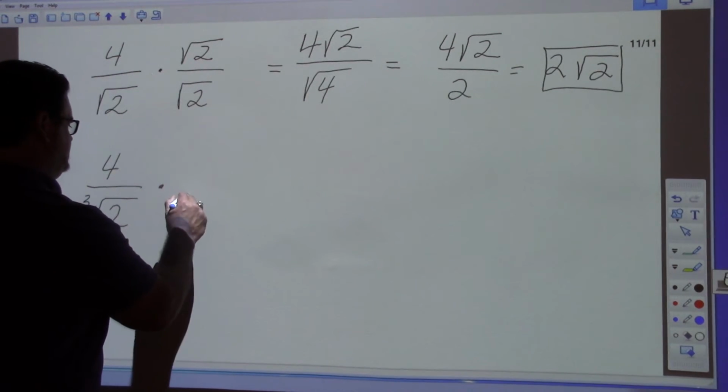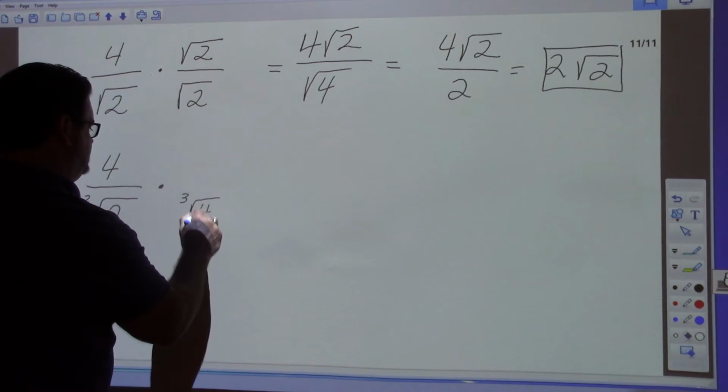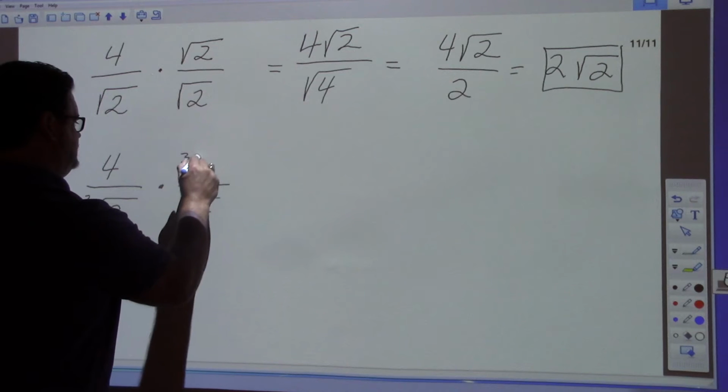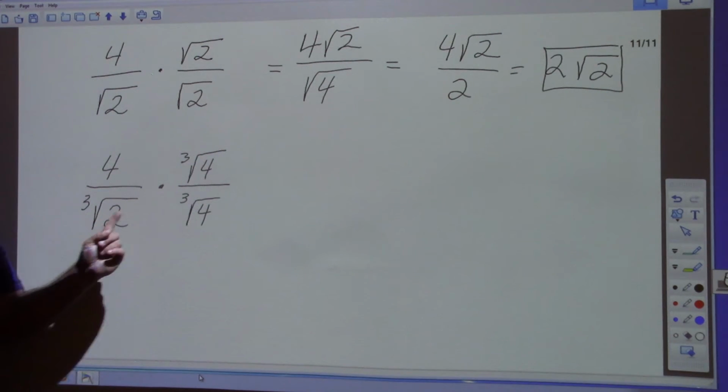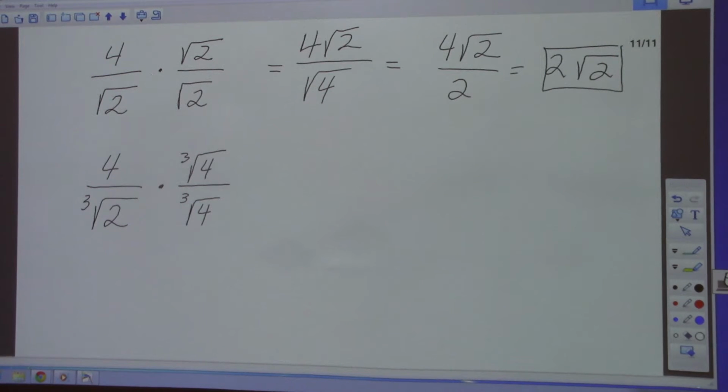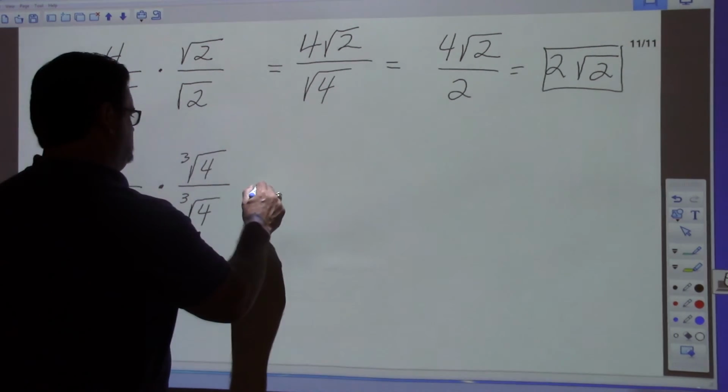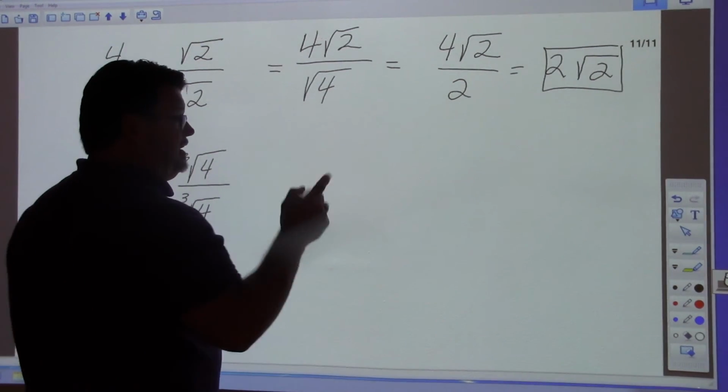And it changes everything. You've got to think in terms of cubes. What is your first cube that has anything to do with 2? 8. So I've got to multiply by the cube root of 4. Because what is the cube root of 2 times the cube root of 4? Cube root of 8. Oh, you're thinking in terms of squares.